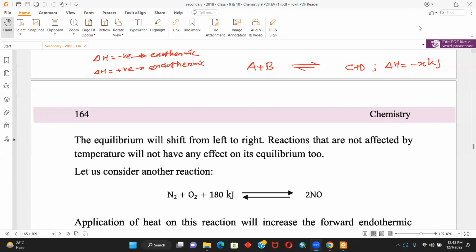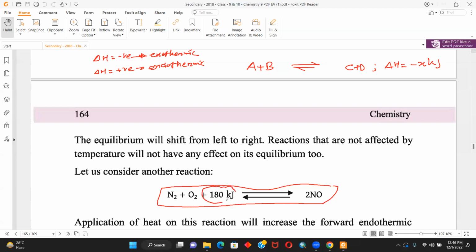Okay, understanding your point? And here, tell me, in this particular reaction, what will be the delta H? There's a difference between writing it in this way and writing with delta H. Okay, have you forgotten? Let me tell you. Plus 180 kilojoule.